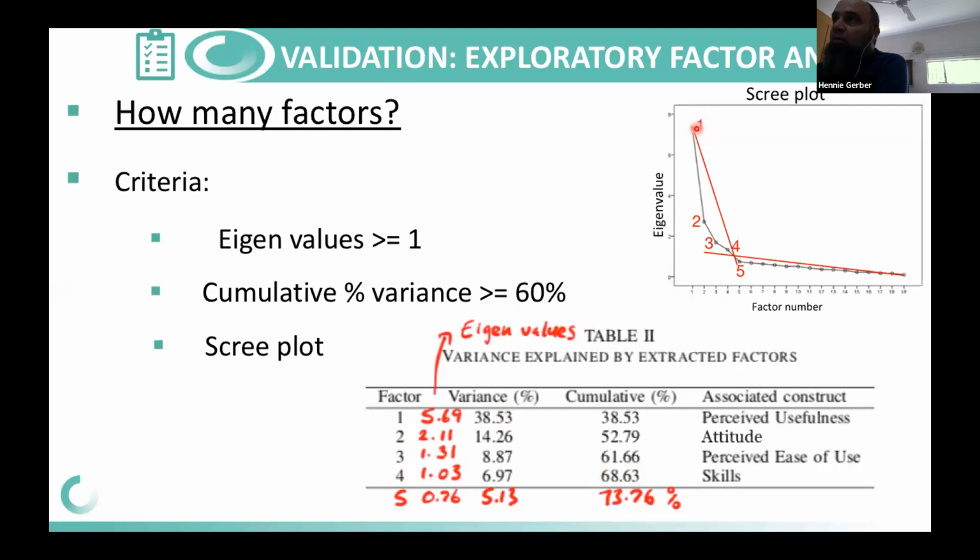And then on the scree plot, you'll see 1, 2, 3, 4 factors, and then it tails off. Based on the criteria, we get 4 factors. And these 4 factors are the 4 constructs.